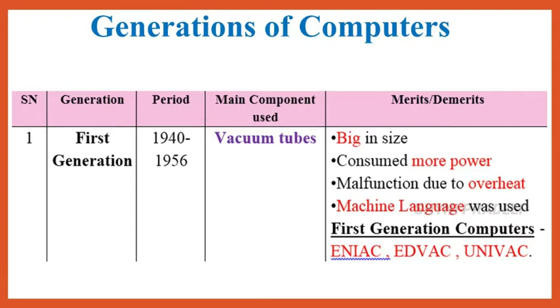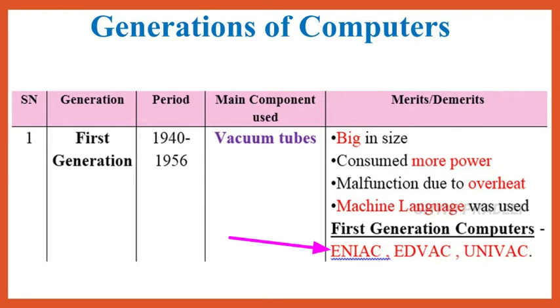The demerits and merits of first generation computers: big in size. It consumed more power and malfunctioned due to overheat. Only machine language was used. Some examples of first generation computers: ENIAC, EDVAC, UNIVAC. These are the commonly used computers in first generation.